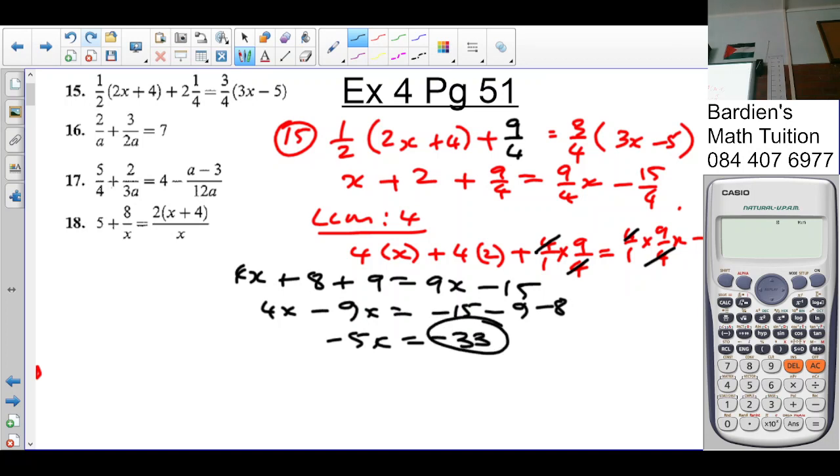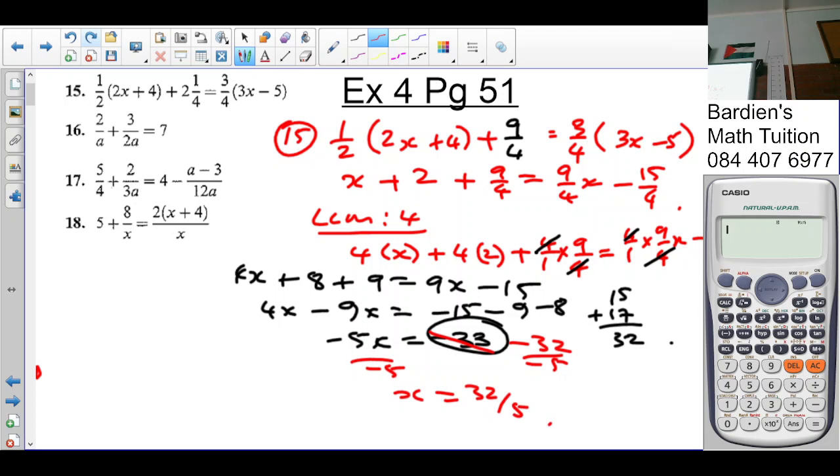That's the mistake. It's supposed to be 15 plus 17, 32, not 33. It's supposed to have been negative 32 here, divided by negative 5. So x is 32 over 5.